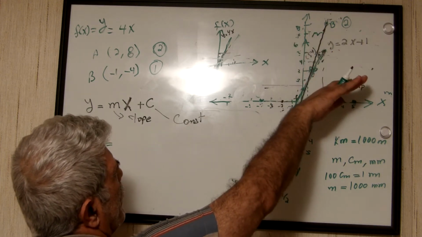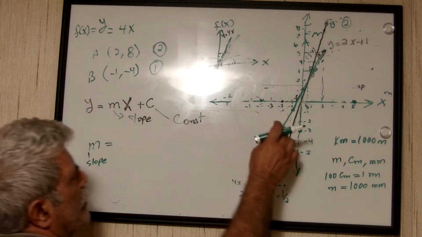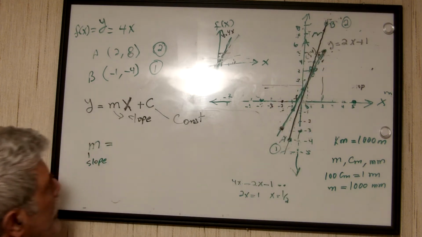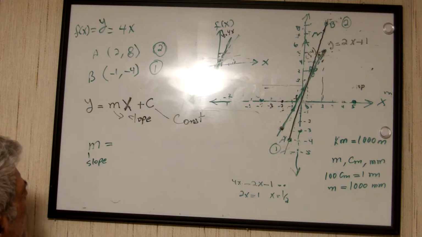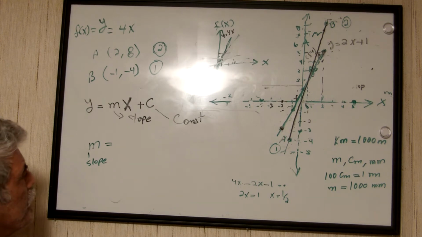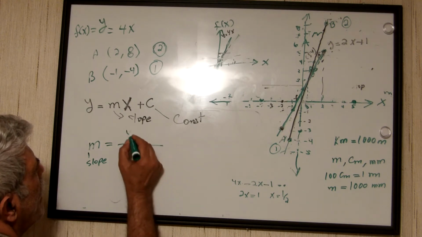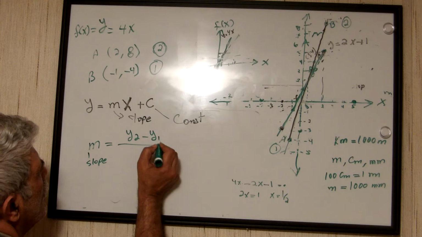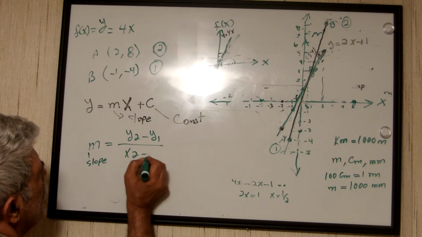If it is coming this way, this is a pretty steep line. So m is going to be the slope, and this is equal to y2 minus y1 over x2 minus x1.